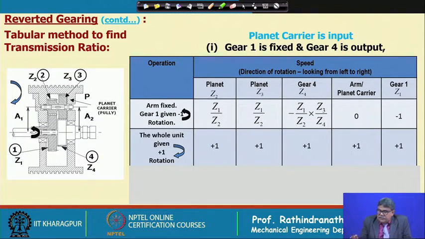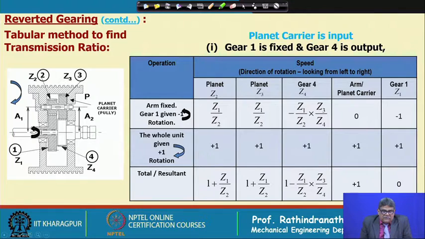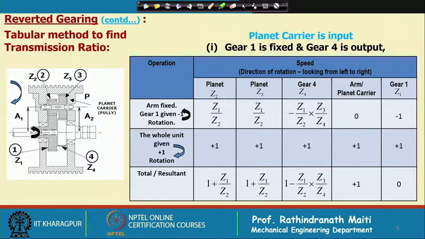This direction is shown here, and then the total resultant will become: planet Z2 is 1 plus Z1 by Z2, planet Z3 also the same, and gear 4 will be 1 minus Z1 by Z2 into Z3 by Z4, whereas arm planet carrier is plus 1, and gear 1 becomes 0 as we have given 1 revolution in the opposite direction to the first rotation given to pinion, gear 1.